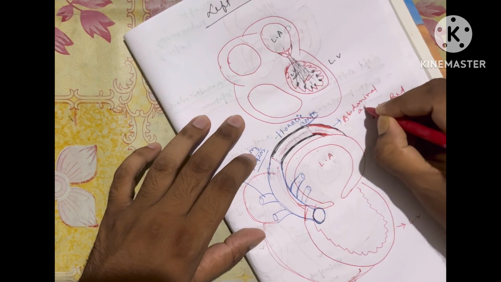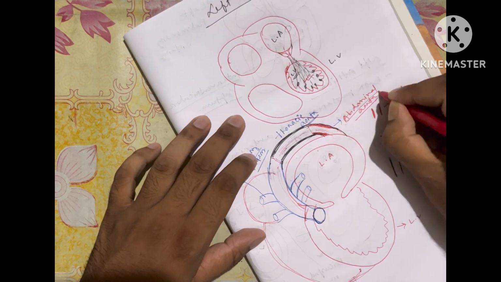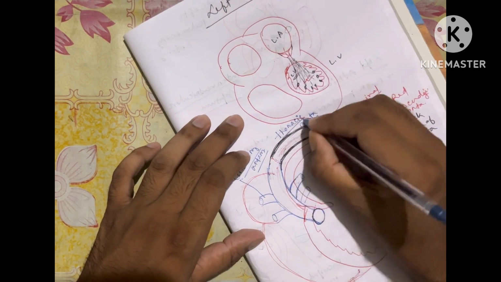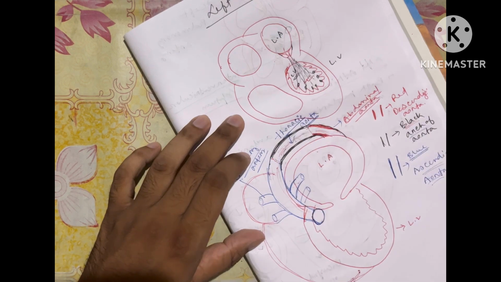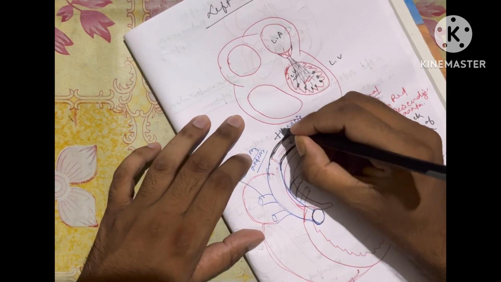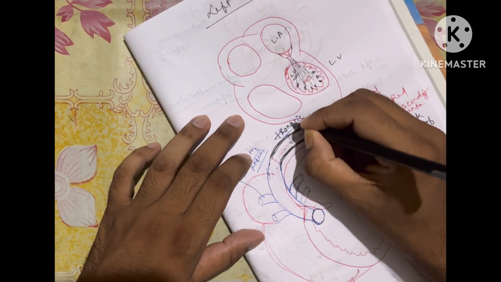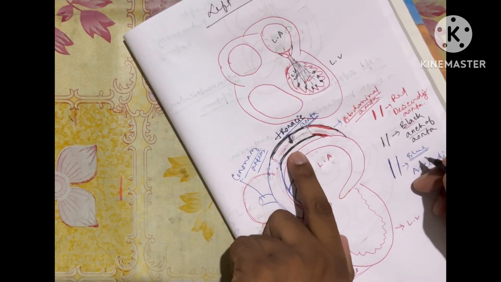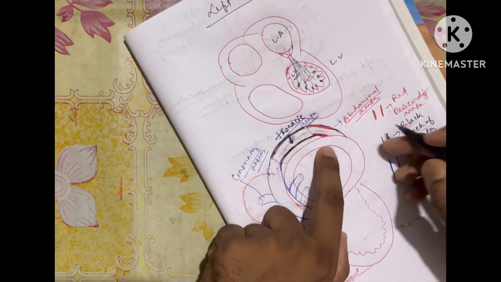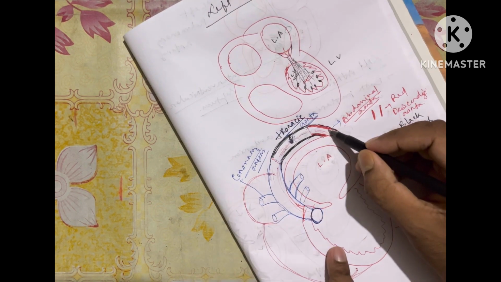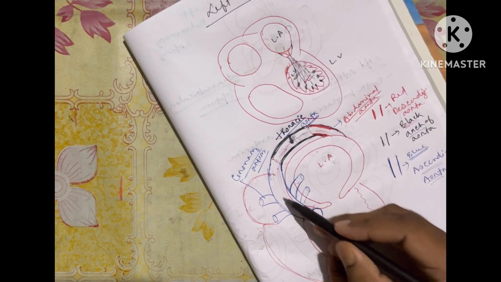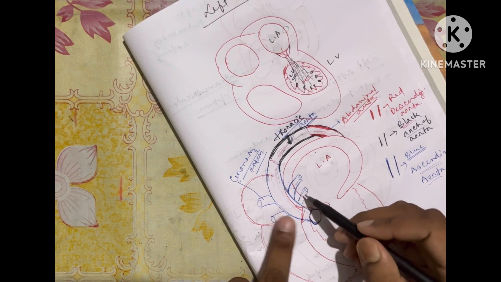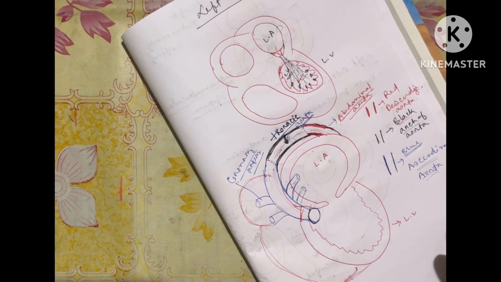This is the thoracic aorta, the black one. This is the abdominal aorta, the red one, and this blue one is the ascending aorta, where the coronary arteries branch out. These are the three different things.